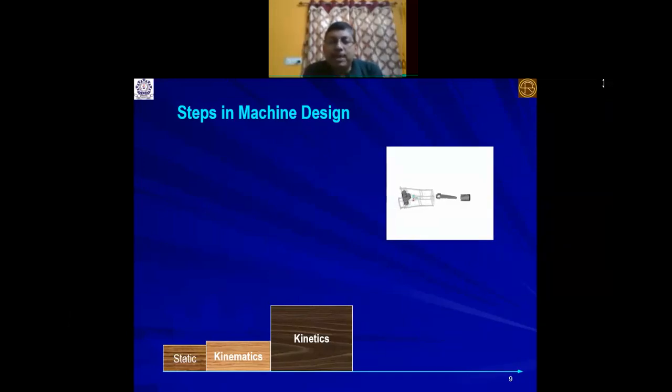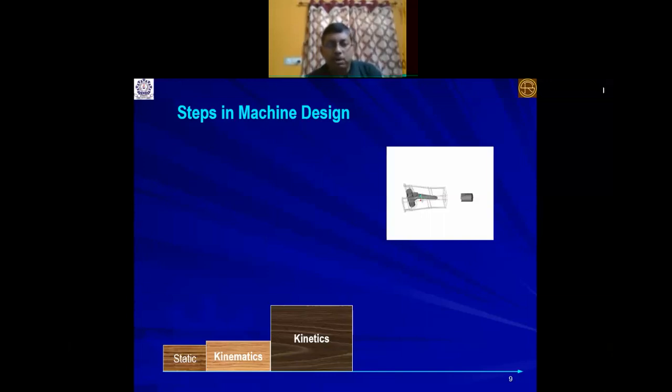That one fixed link is the static link, so you have to solve statics also. Once you solve the kinematics, you know the kinematic parameters like position, velocity and acceleration, which will be input for your kinetics, and you can find out how much force and torque is required to get the desired motion characteristics.